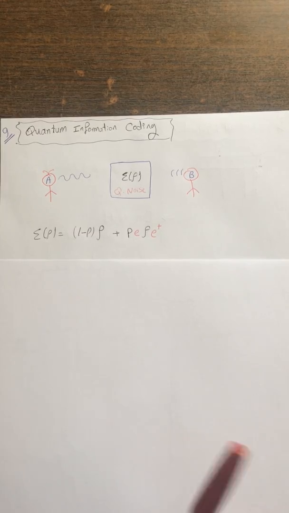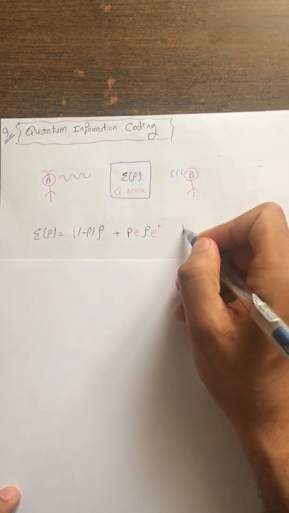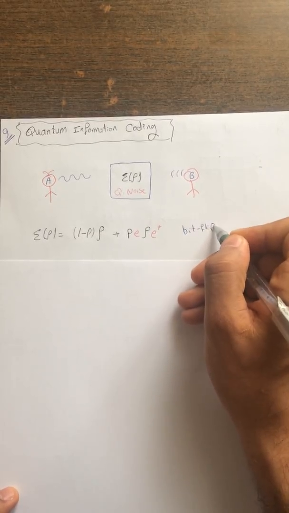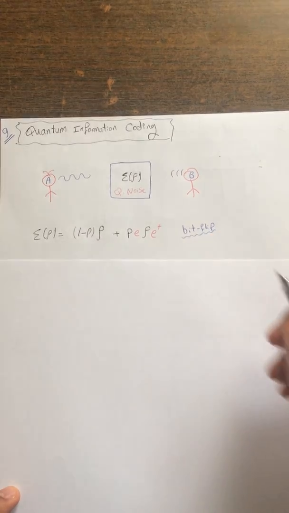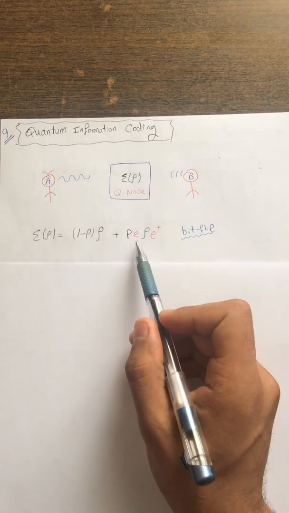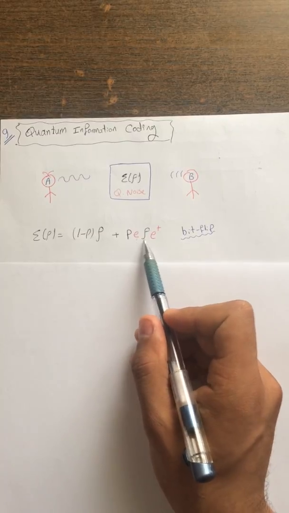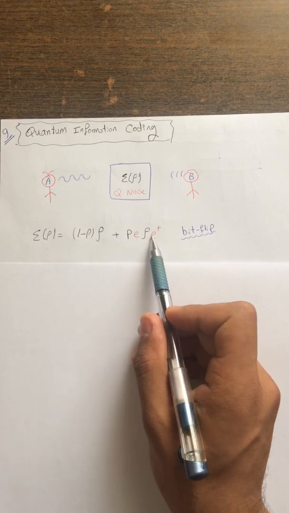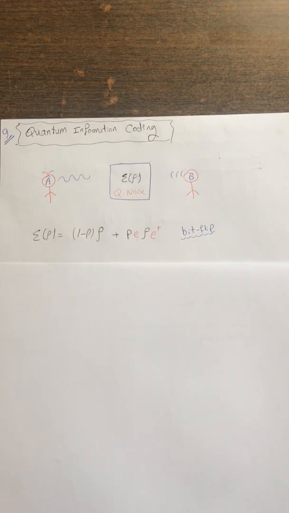But we must say here that this is a bit flip operation, because bit flip will create our error. So we have those operators. This is the environment operator with itself again. The conjugate is actually equivalent to E. We can write E as just the operator E, with probability p.